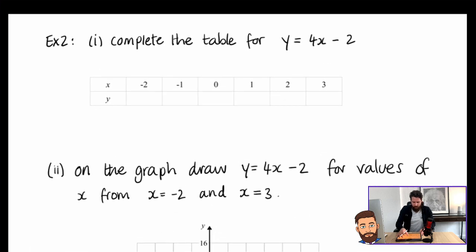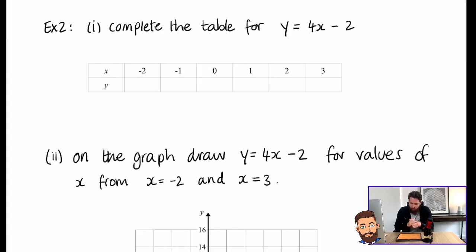So example 2. Complete the table for y equals 4x minus 2. So we've got the equation of a line where y equals 4x minus 2. Hopefully you might already be thinking, 4 is in front of the x, so I know that these coordinates will be going up by 4.